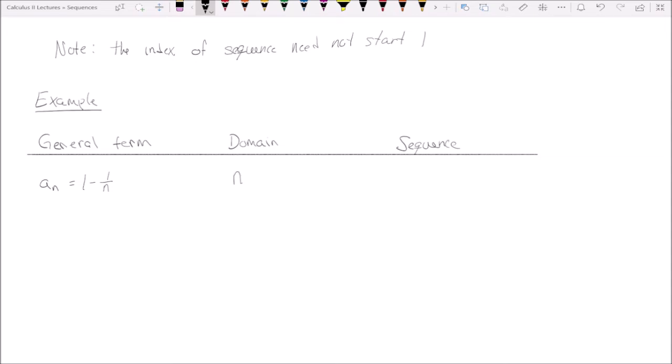The domain will be n greater than or equal to 1. Of course, understood that these are integers only. And the sequence would be 0, a half, 2/3, 3/4, 4/5, so on and so forth.